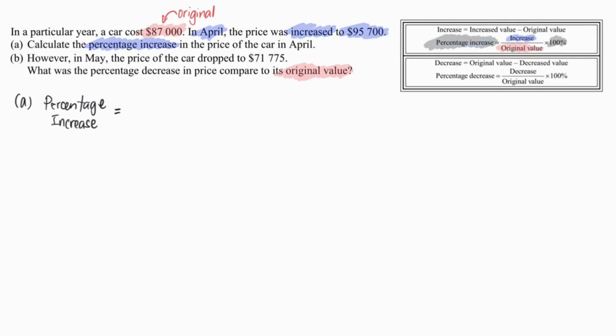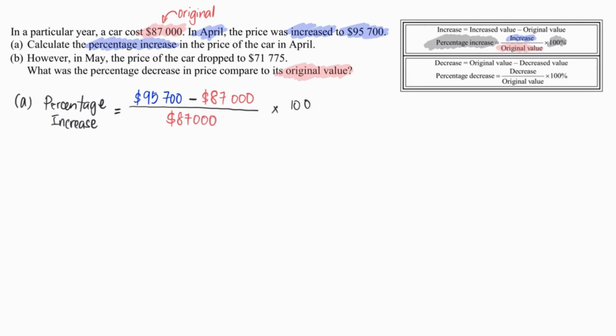And therefore, to find the increase, we would have to calculate that, isn't it? So that would be the 95,700. I will need to minus away my original, so I know how much the price has increased, and we will need to divide by the original.